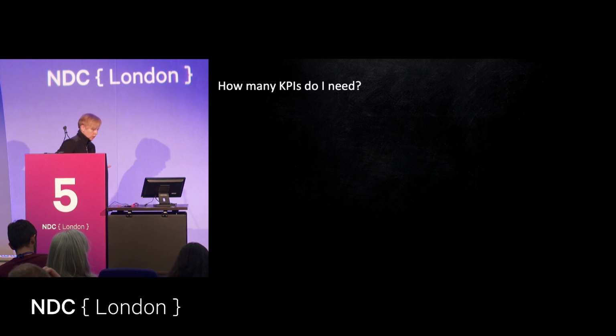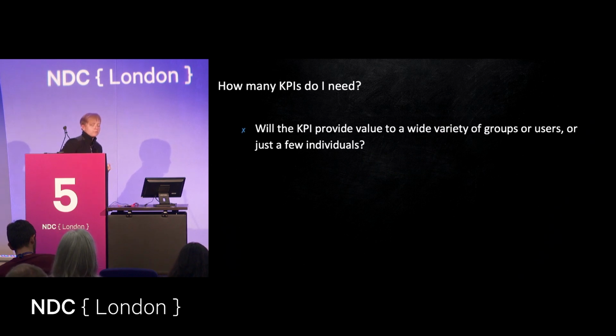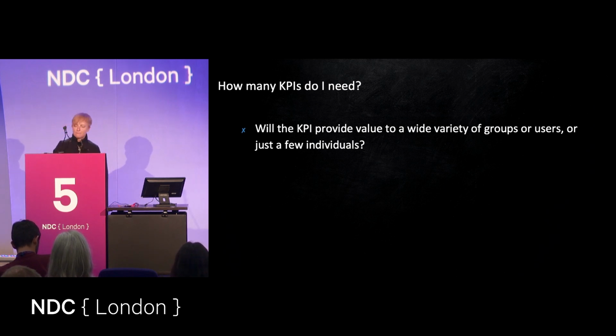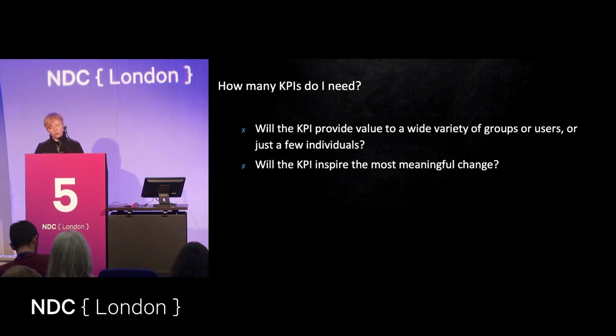Another question is, how many KPIs do I need? Try to answer the questions for yourself: will that KPI provide value to a wide variety of groups of users, or just for you? Then another thing, will that KPI inspire meaningful change, which is quite important?